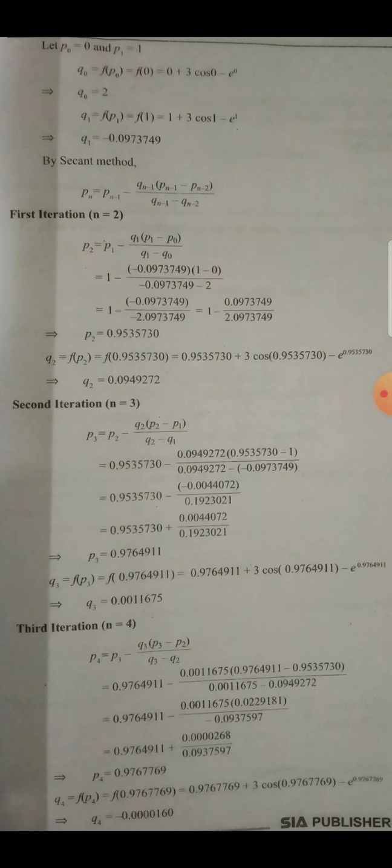Next, q1 equals f of p1 equals f of 1 equals 1 plus 3 cos 1 minus e power 1.